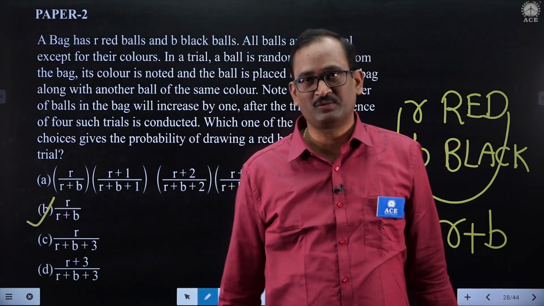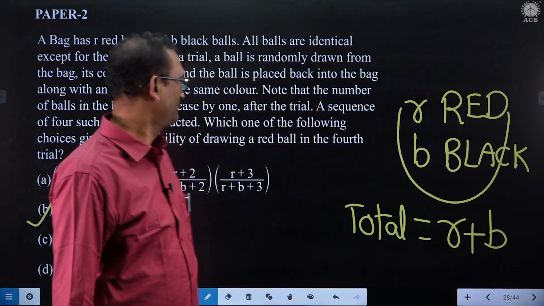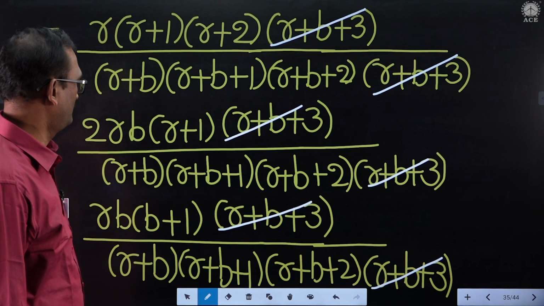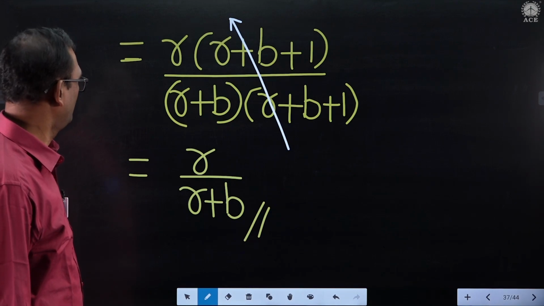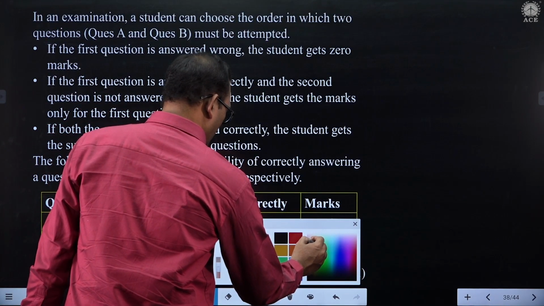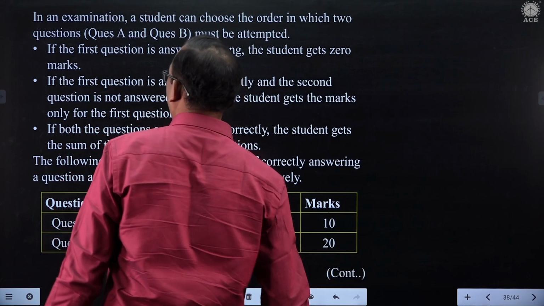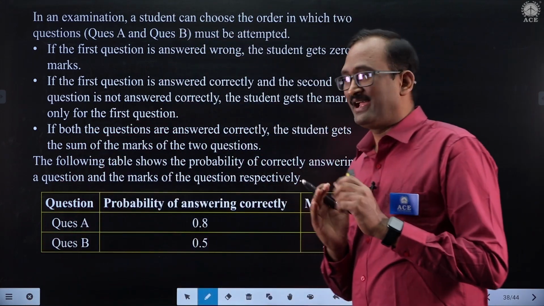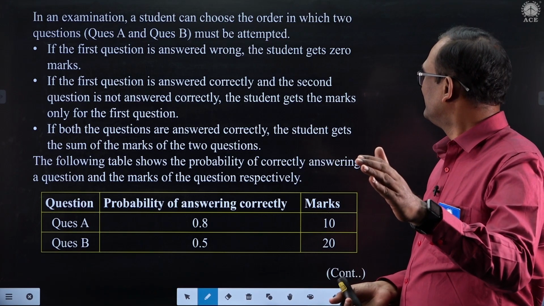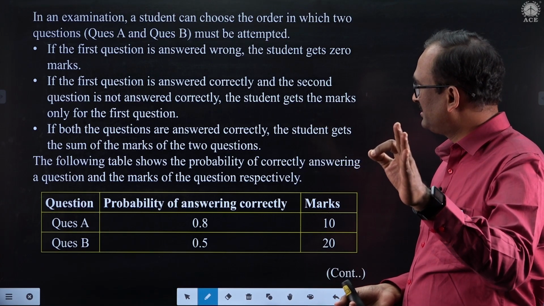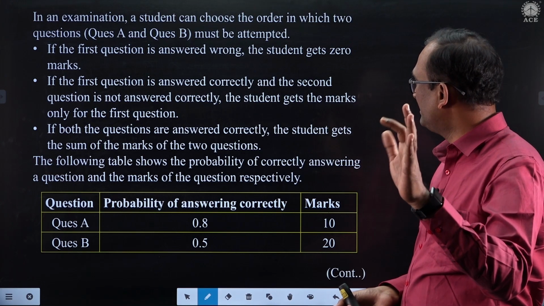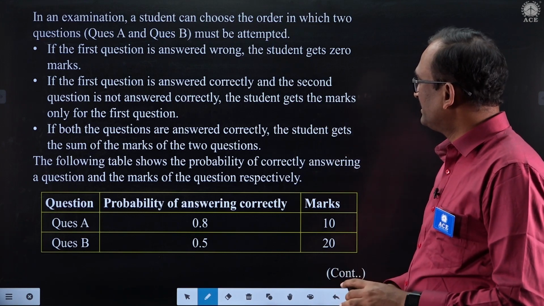Let us see the next problem. Please read the given problem carefully. In an examination, a student can choose the order in which two questions, question number A and question B, must be attempted.